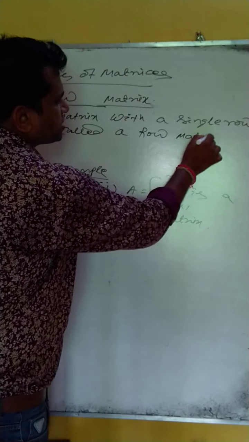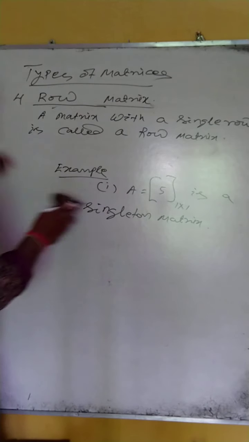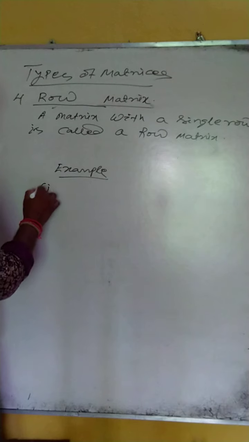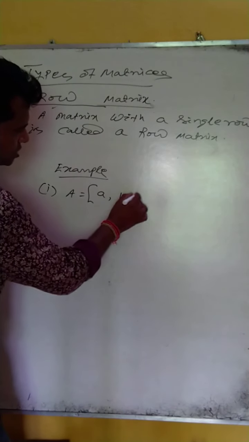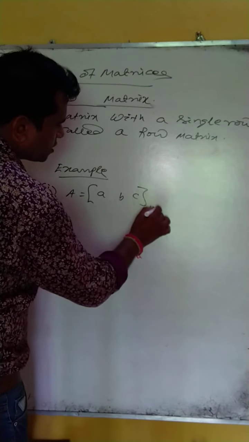If a matrix has only one row, then it is called a row matrix. Example: A is equal to a b c, 1 cross 3.